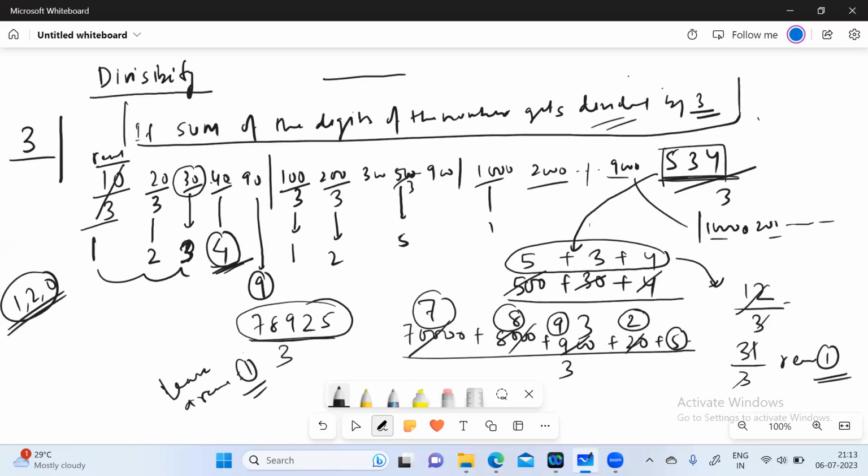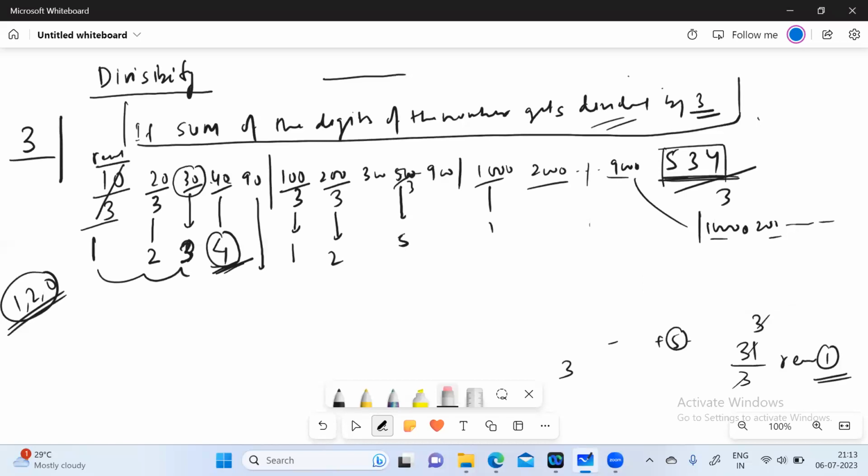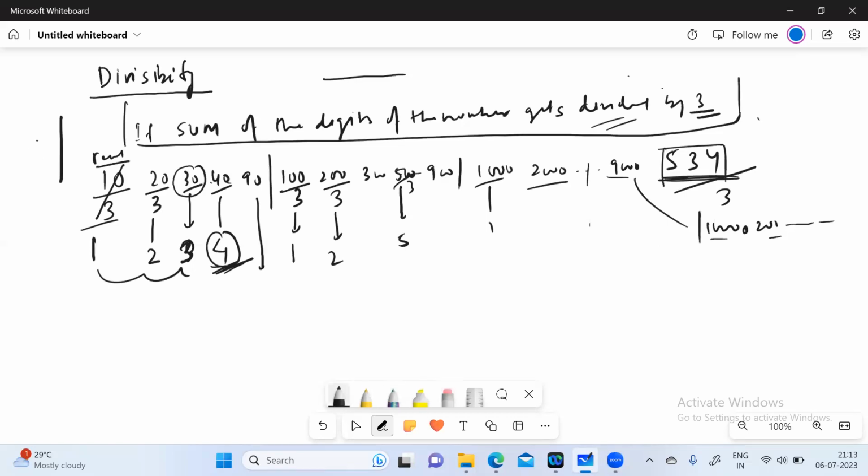So the same thing we will do for 9. If you want to find out whether a particular number gets divided by 9 or not, we'll be following the same logic. Let's change the entire board to 9. The concept is the same as it was for 3.